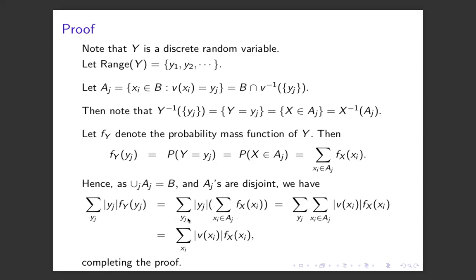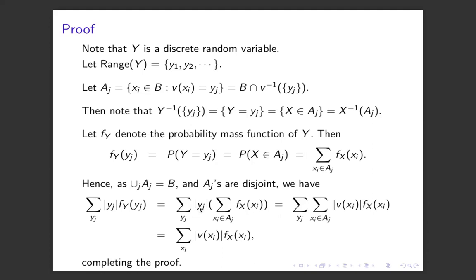So it is summation over yj of mod yj, and then summation over xi varying over Aj of f sub X at xi. And this is equal to that.